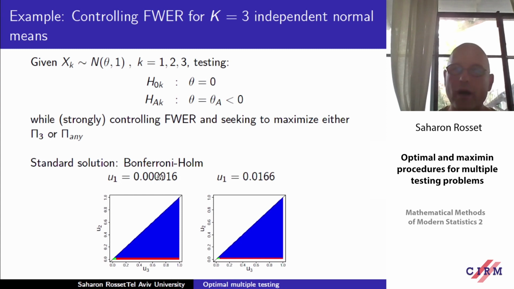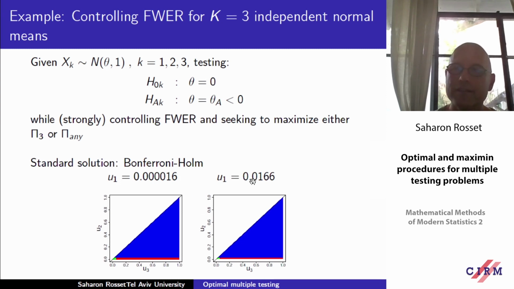This is when U1 is equal to this value, which is 0.05 divided by 3, how my rejection region looks like as a function of U2 and U3. In green, I have the region where I reject all three hypotheses. In red, I reject the smaller two p-values, and in blue, I reject only the smallest p-value.